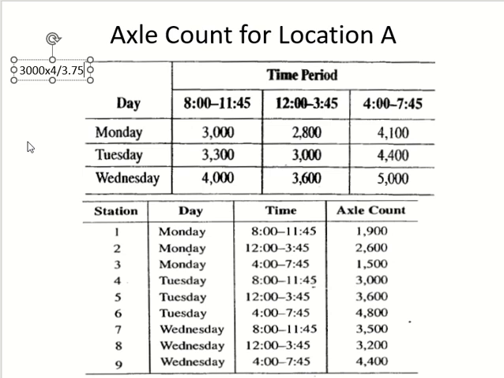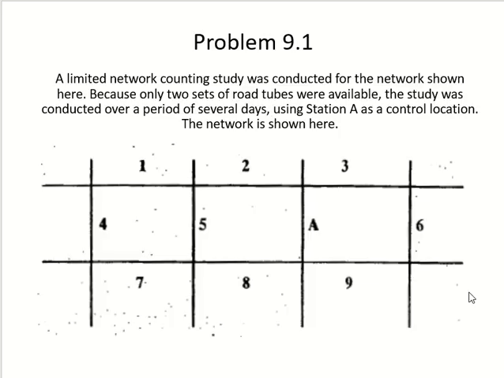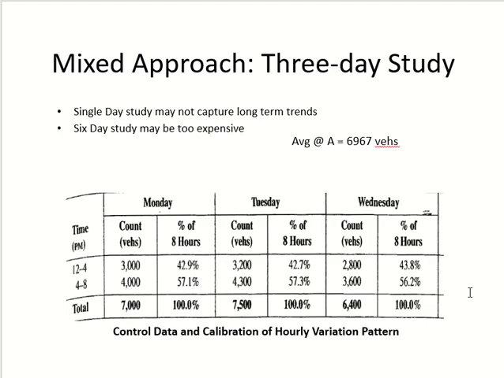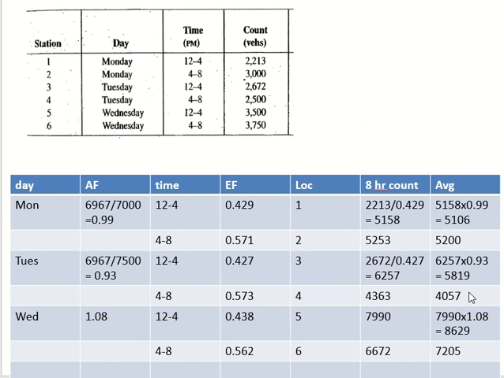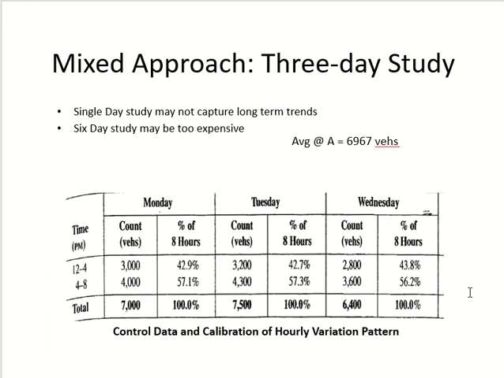Look at this example. Look at the table there. Each value is 4 hours, right? So for control, each value is also 4 hours.